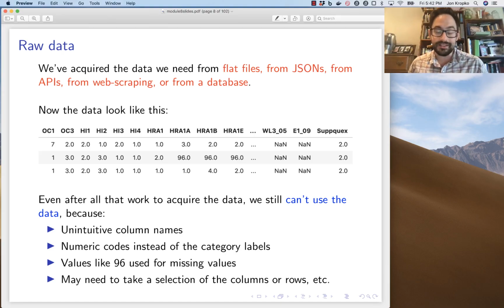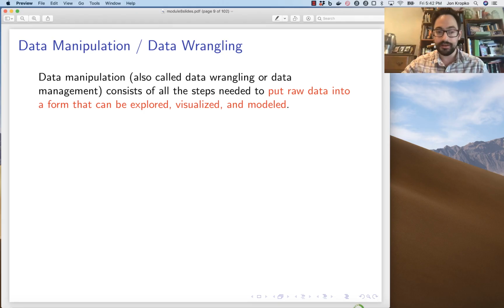We might need to take a selection of the rows, only certain rows are relevant to us, or a selection of the columns. And so for all of these reasons, and then there are others in addition, we can't use the raw data. That means that we're going to have to do some data manipulation or data wrangling.